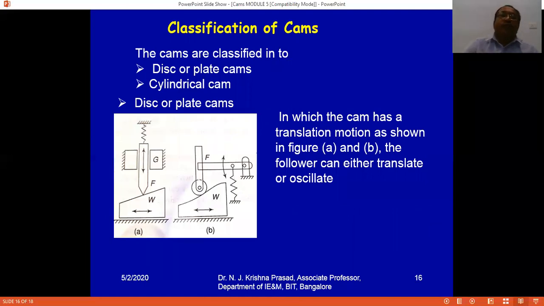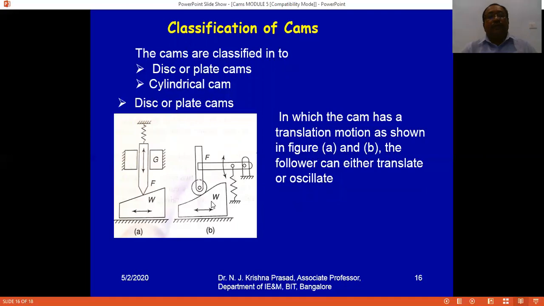And then we move on to how the cams are classified. The cams are classified into disc or plate cams and cylindrical cams. Here the movement of the wedge that makes X3, the knife edge follower, reciprocates along this direction.